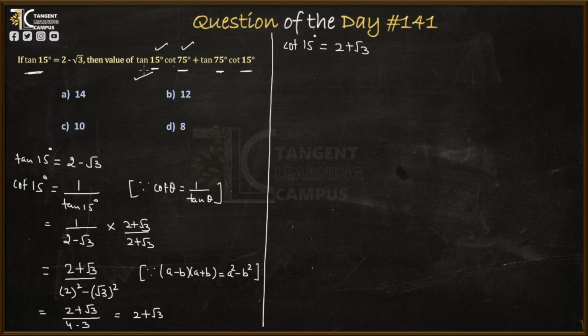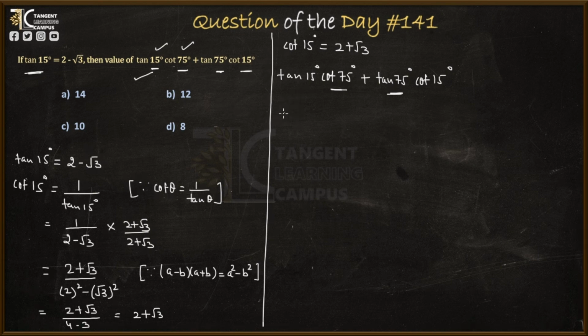Now coming to the expression, let us write down the given expression: tan 15 degree cot 75 degree plus tan 75 degree cot 15 degree. So we need to change cot 75 degree here and tan 75 degree, right?